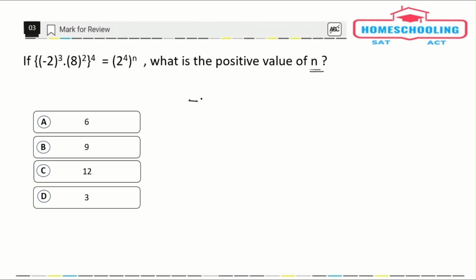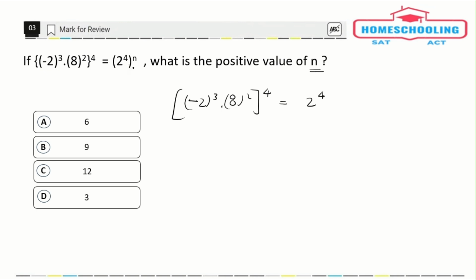So let's put down this equation here: 2 cube into 8 square, whole to the power 4, is equal to 2 to the power 4 whole to the power n.